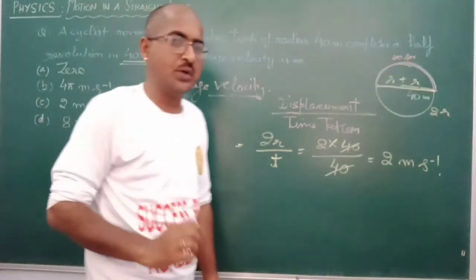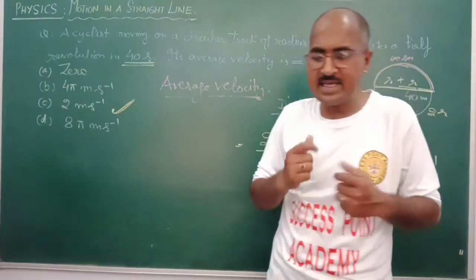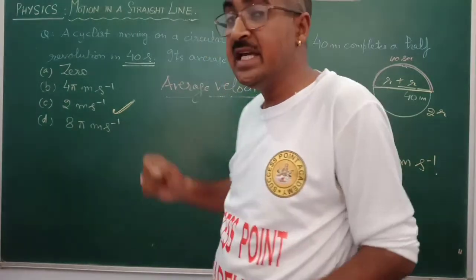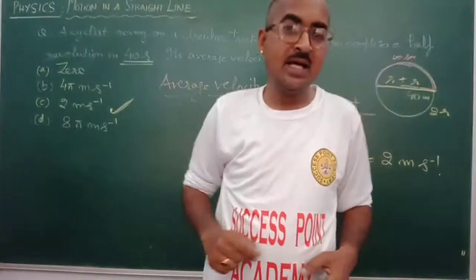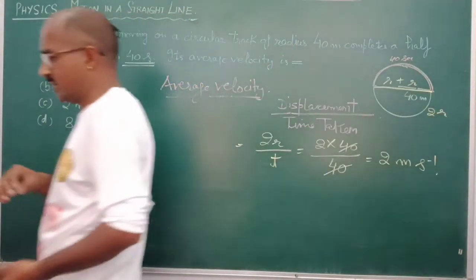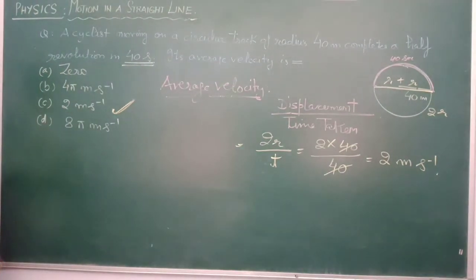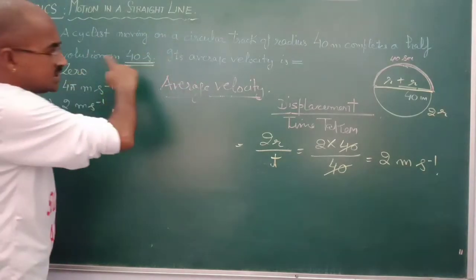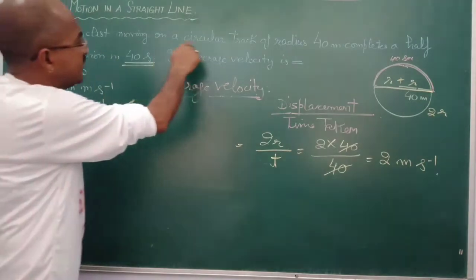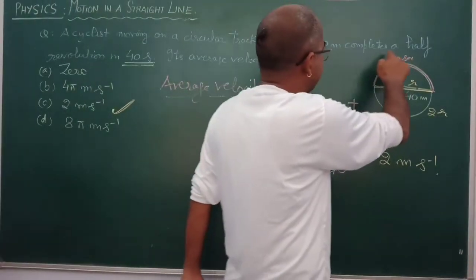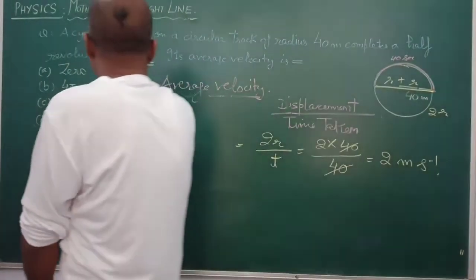Now the point to note is what we have to learn from this, how quickly we can attempt this question. So let us see, students. In this question, reading the question and answer options: a cyclist moving on a circular track of radius 40 meter completes a half revolution in 40 seconds.